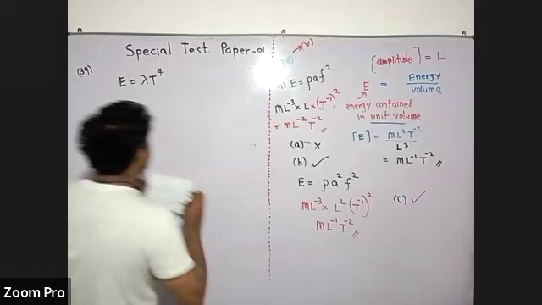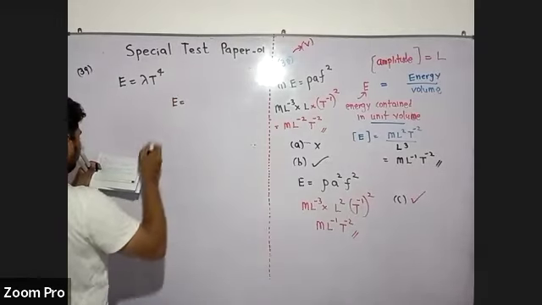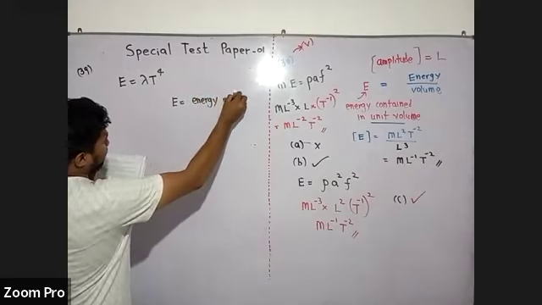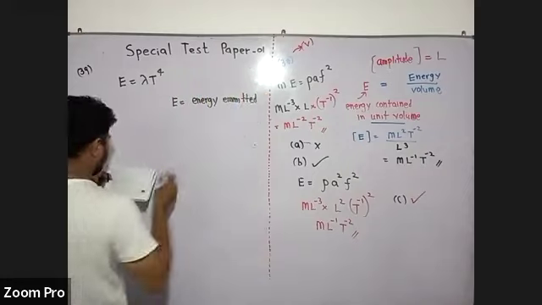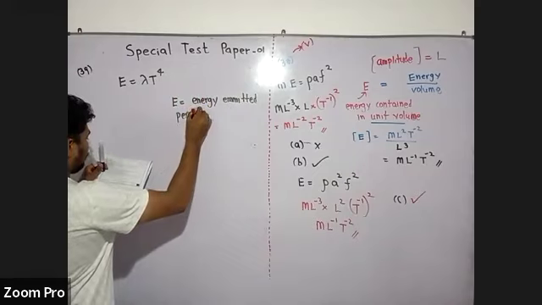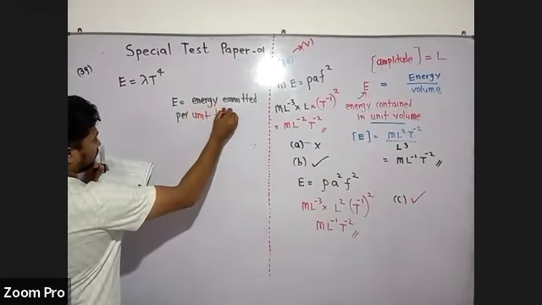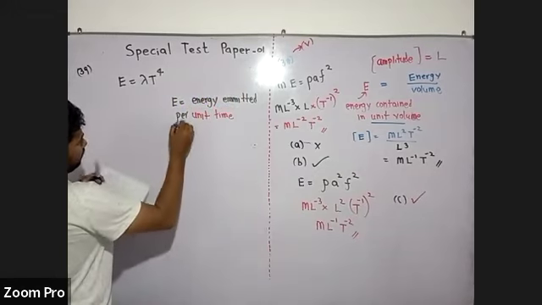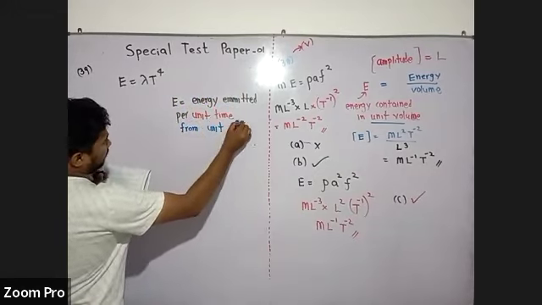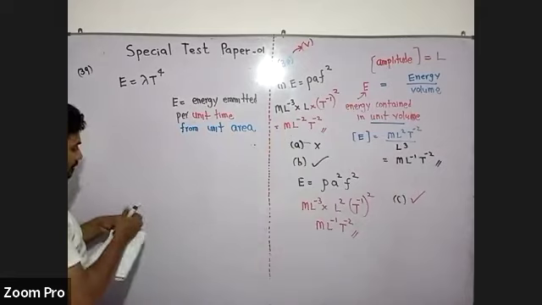Now guys, keep in mind that E represents energy emitted per unit time from unit area. How do we derive the equation for E in this format?